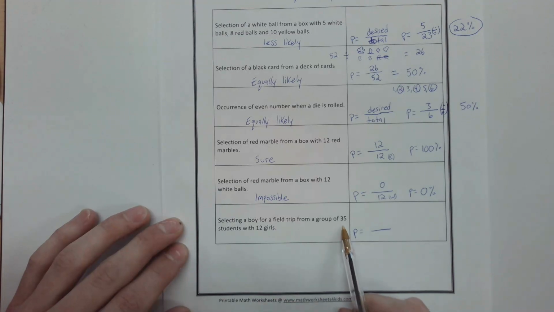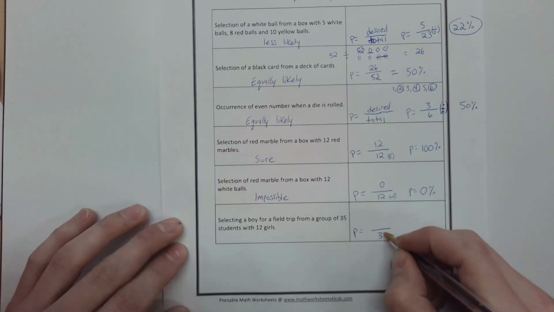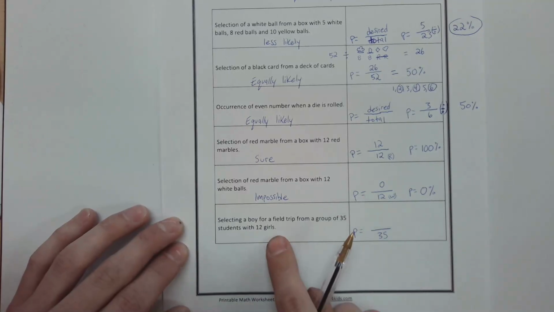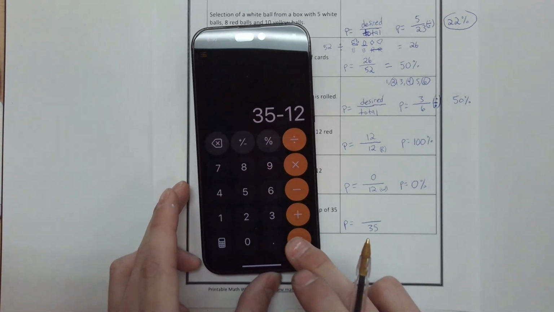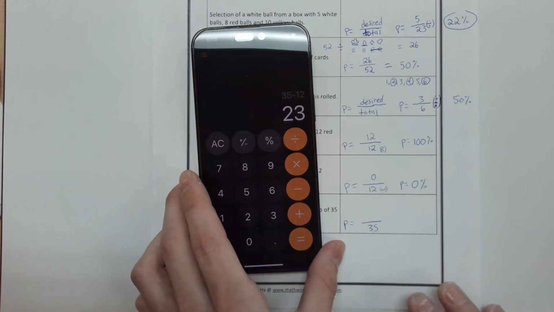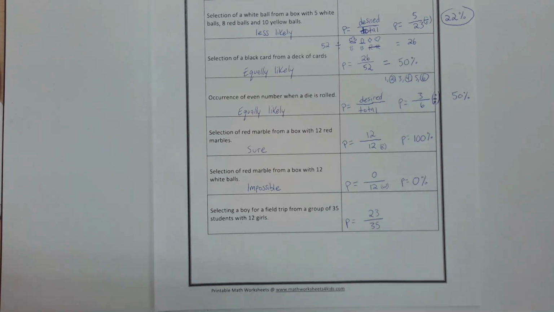There's a total of 35 people, and 12 of them are girls. Let's go with 35 minus 12 equals 23. We have 23 over 35.